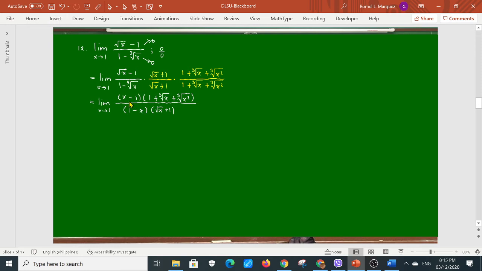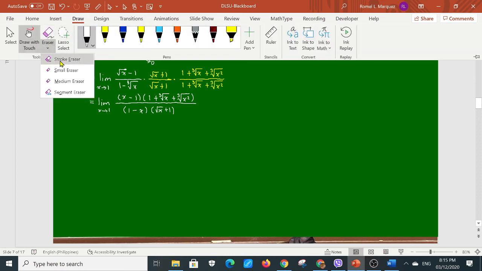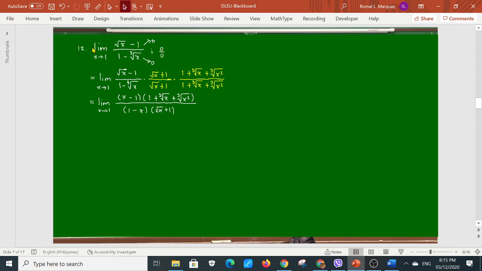So I can now cancel this, except that the quotient of this is negative 1, because x minus 1 over 1 minus x gives a negative result. That's what you get when you cancel. So this is equal to the limit as x approaches 1, negative.